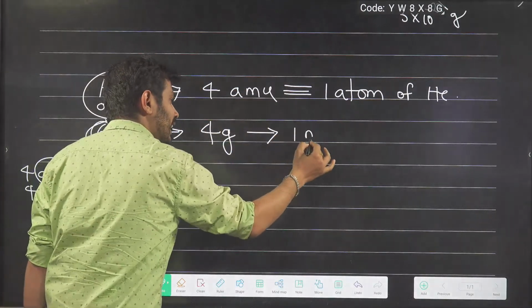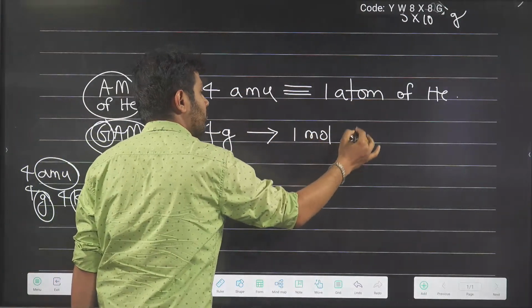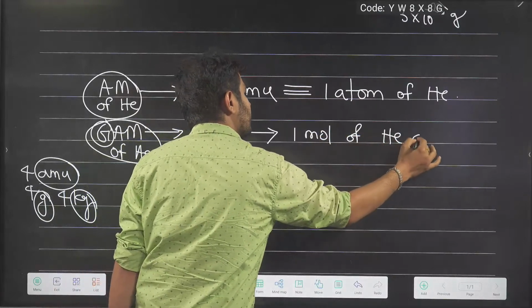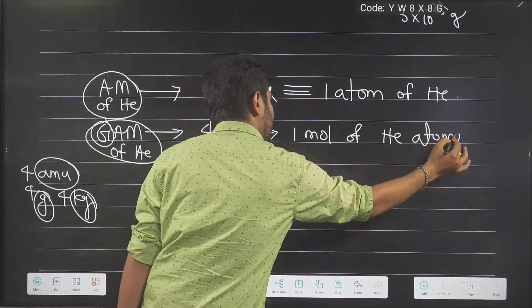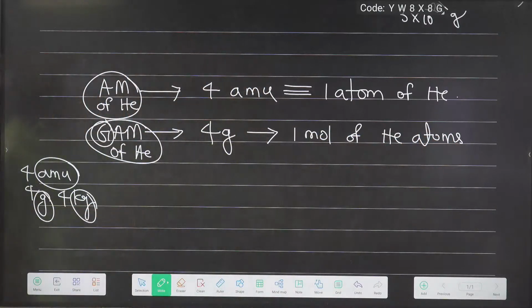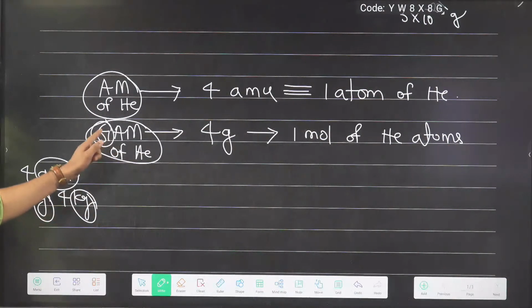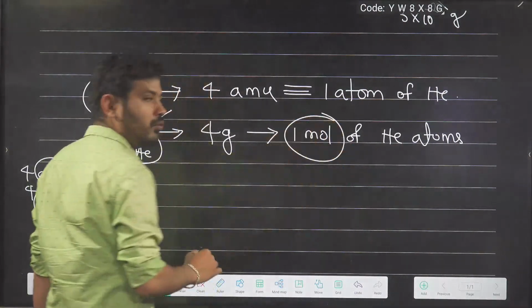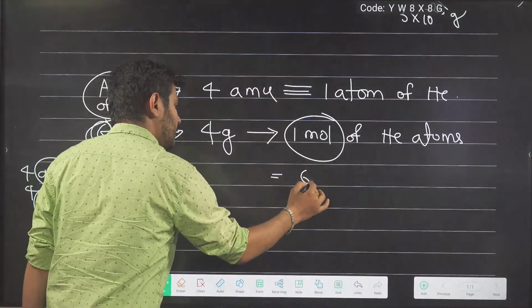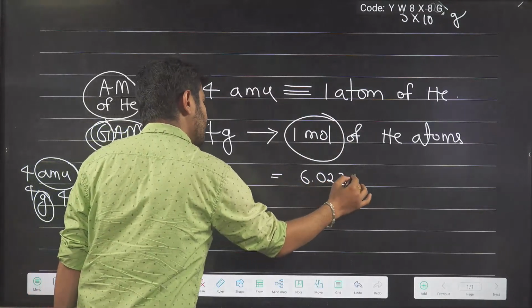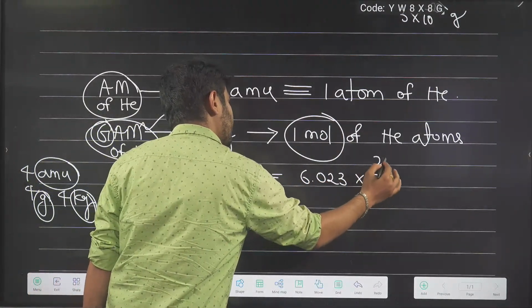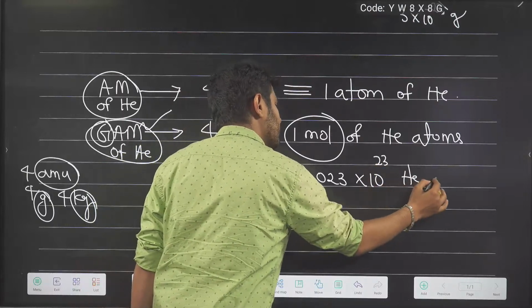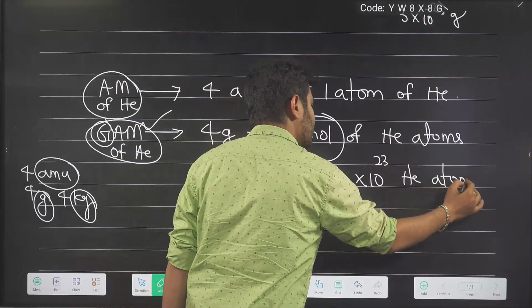It is not a single atom, it is 1 mole of atoms. If you take 1 mole of atoms, it is gram atomic mass. So your question was how gram atomic mass is related to mole, Avogadro's number. This is 1 mole. And what is 1 mole? 1 mole is Avogadro's number only, 6.023 into 10 to the power of 23 helium atoms. Don't you think they are related now?